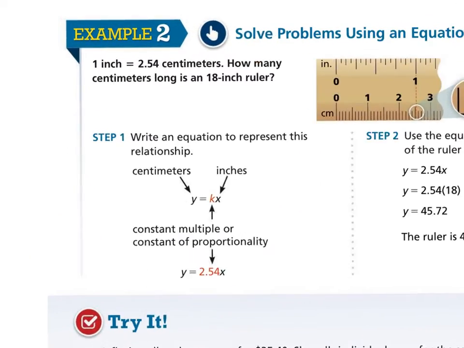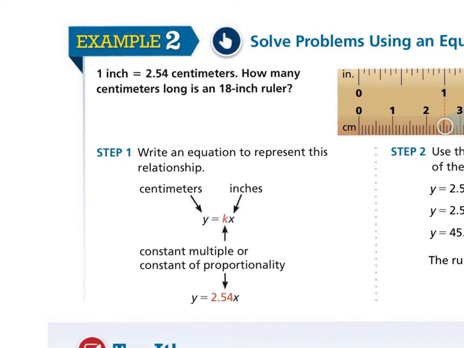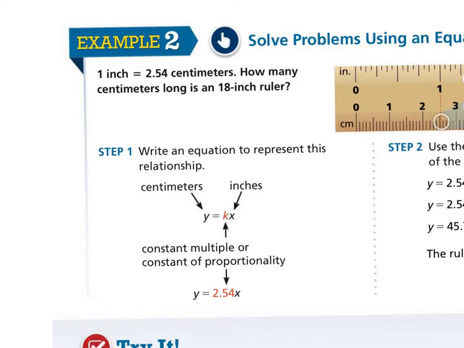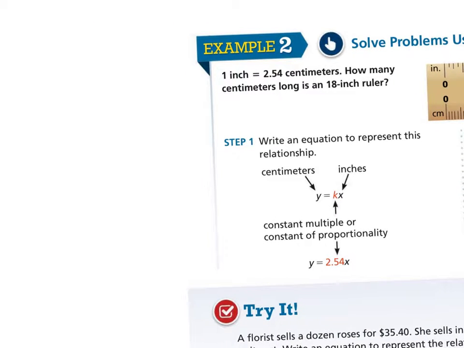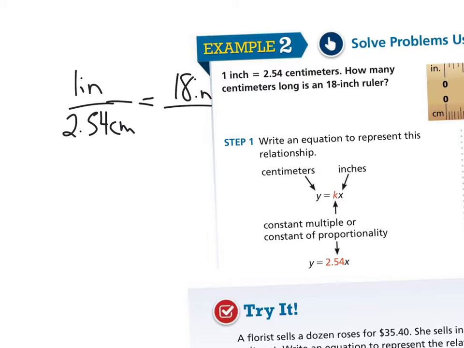Example 2: 1 inch equals 2.54 centimeters. How many centimeters long is an 18-inch ruler? If this was the only thing they asked me to do, I would set up a proportion and I would be done with this problem in not very much time. 1 inch is 2.54 centimeters, 18 inches is what?